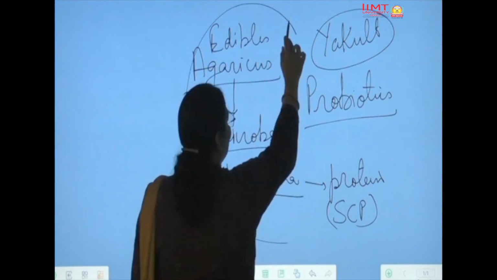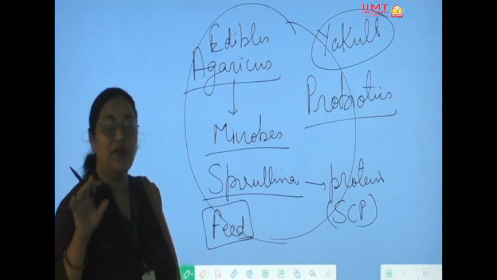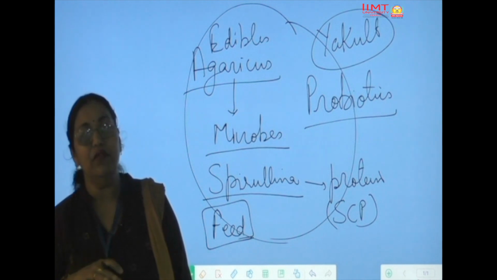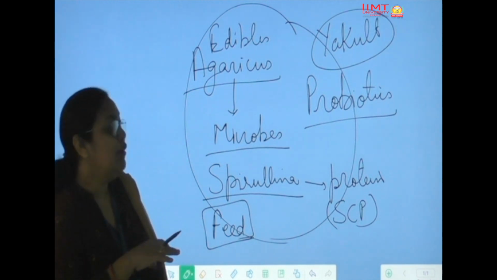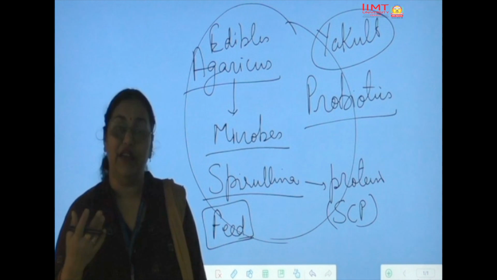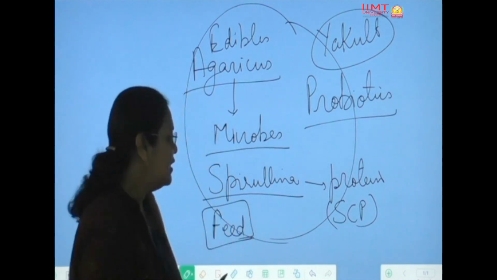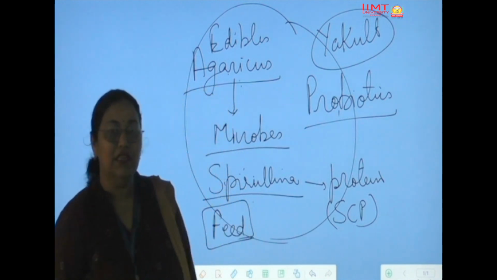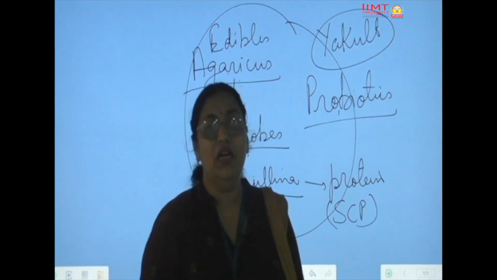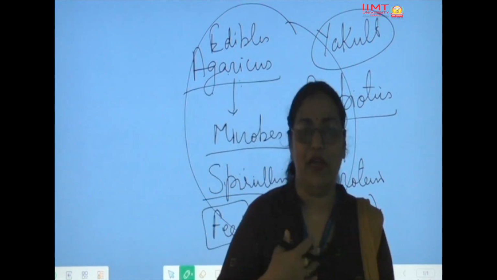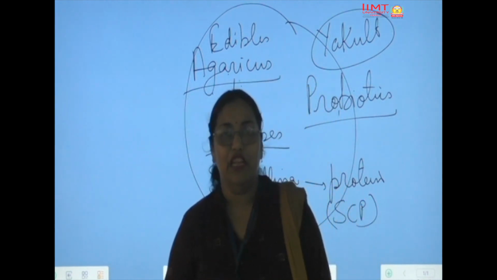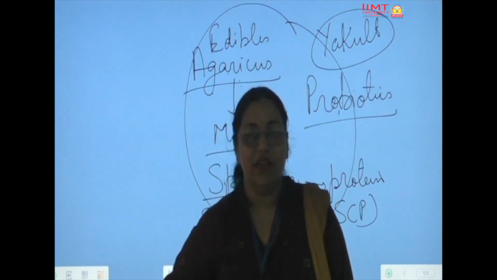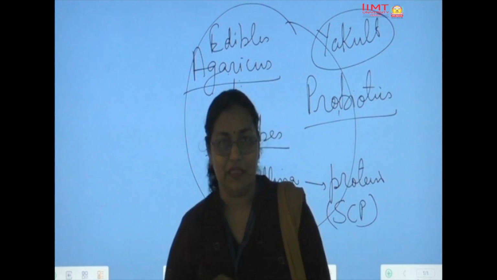So in food microbiology we use four aspects wherein microorganisms are important: they spoil food, they can be used to preserve food, they can be used in food fermentation to produce various fermented food products, and they can be used themselves as food or probiotics. So in this lecture we have studied what microorganisms are and how these microorganisms are helpful for us in day-to-day life, right. Even if we don't know, they are influencing us in various ways.